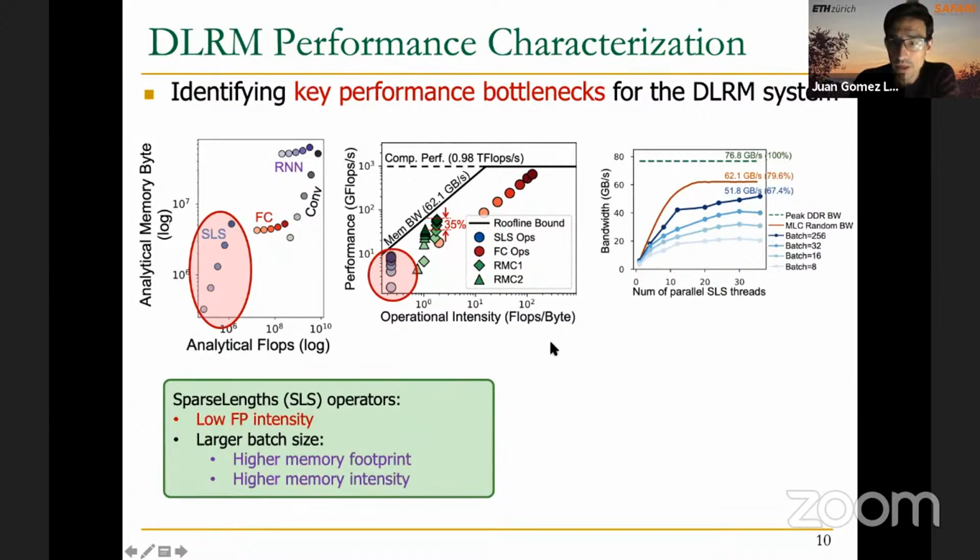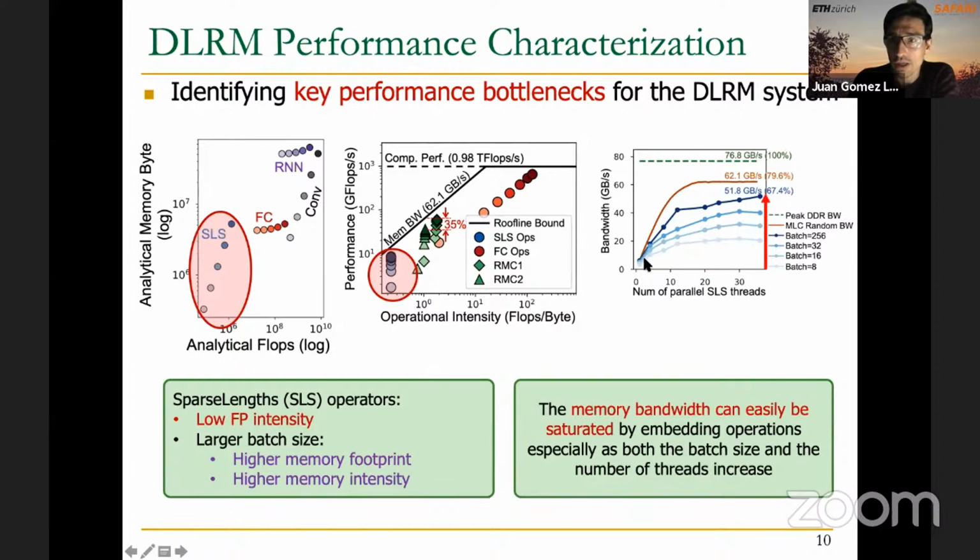And also, if we look at the rightmost plot, which represents the bandwidth for different numbers of parallel threads executing the SLS operators, what we see, and it happens essentially for all batch sizes, is that the bandwidth saturates pretty quickly as we increase the number of parallel threads executing the SLS operators, right?